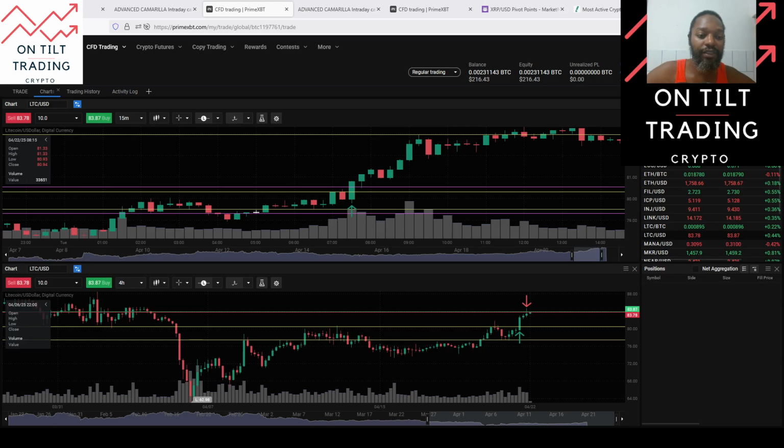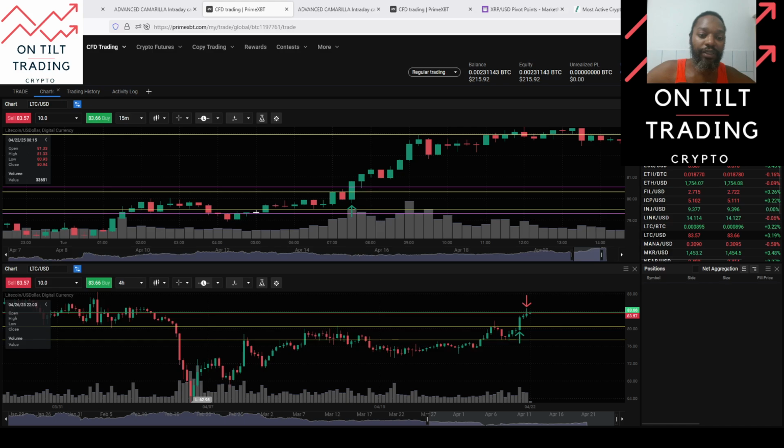This is the range based on this being the previous week's high, since if I zoom out, you'll see that Ethereum was being bought up from the R3 Camarilla pivot here.